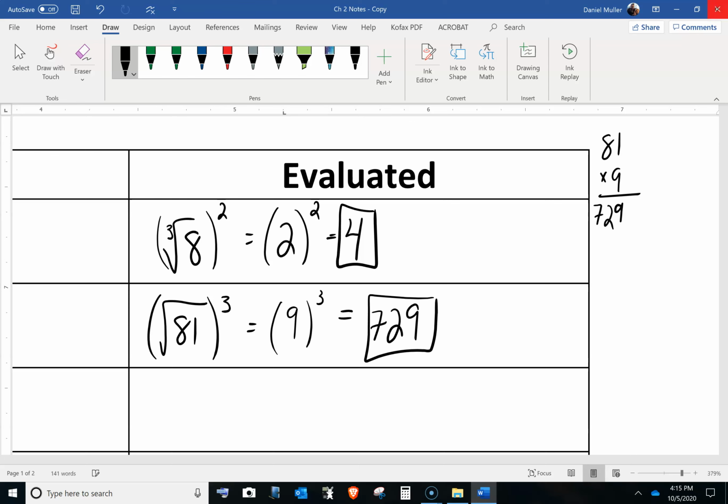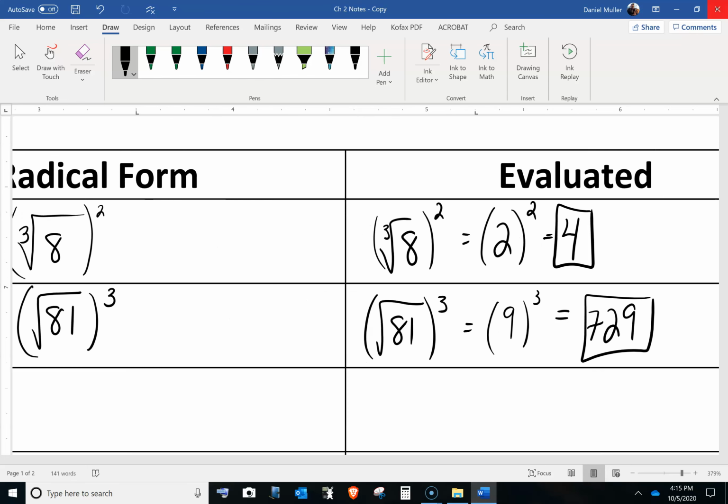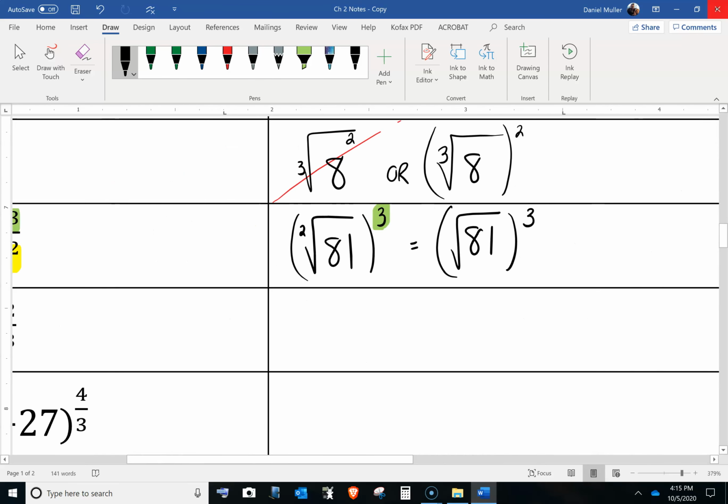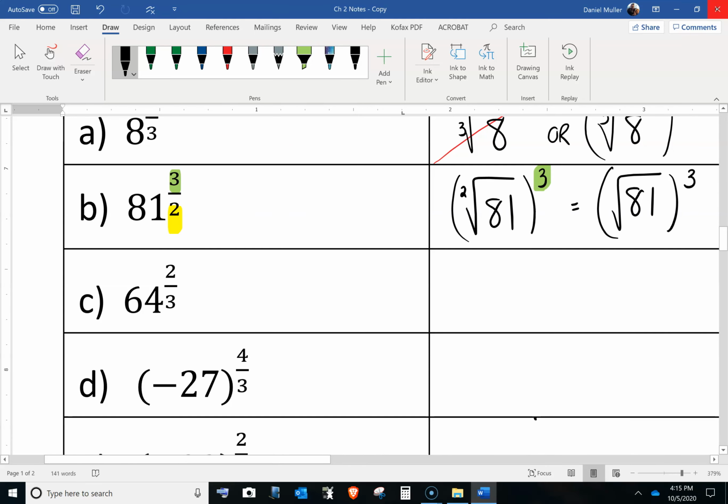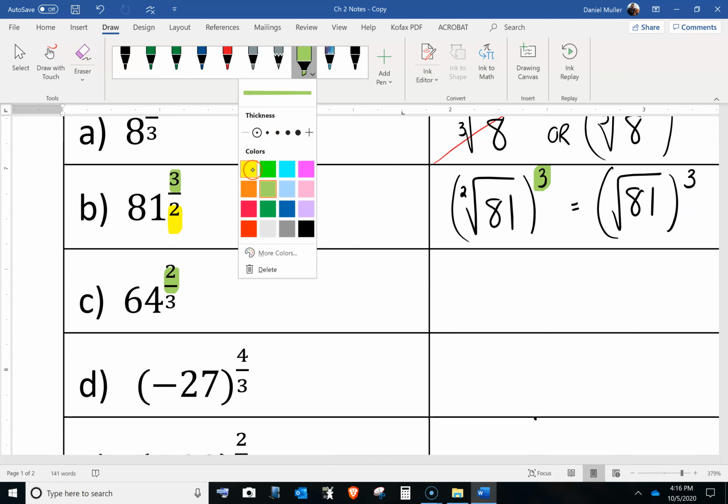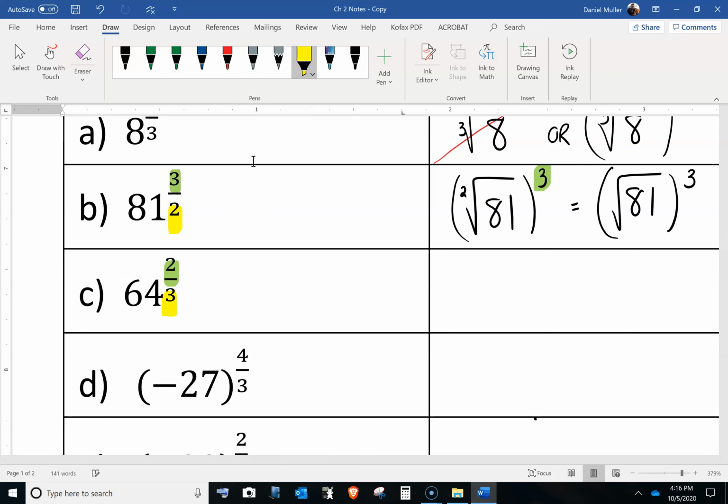Okay, let's try some more. So I'm going to do the denominator part first. The denominator is a 3, so I need the cube root of 64, whatever that is, and then I can do the squared.